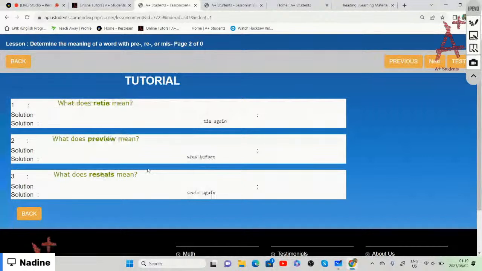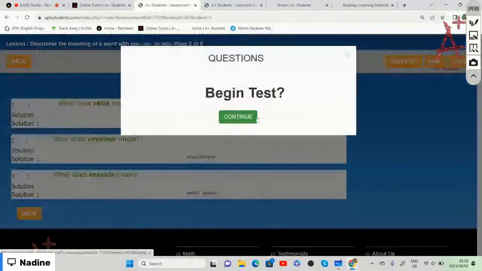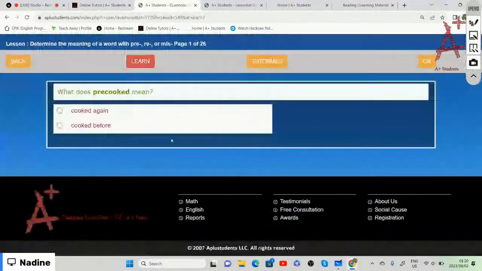Seals is of course a word that can stand on its own, which is the base word, and re is over here, which is the prefix. But that word reseals means that we will seal again.